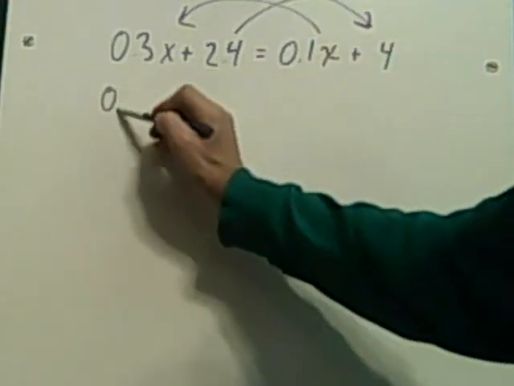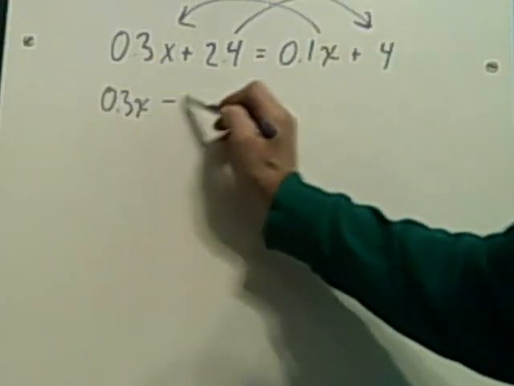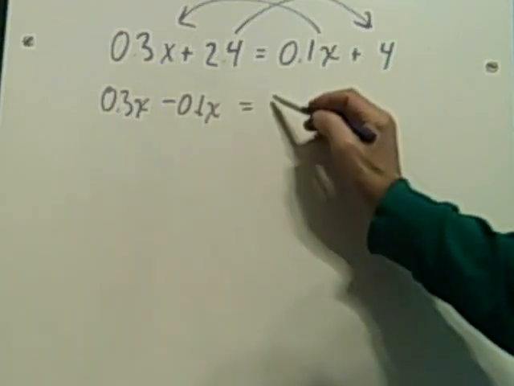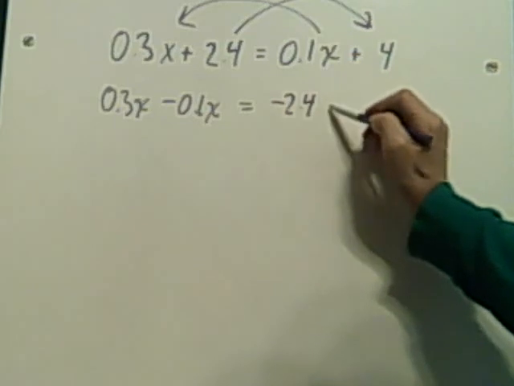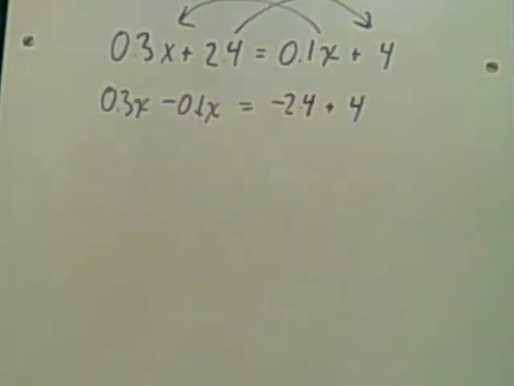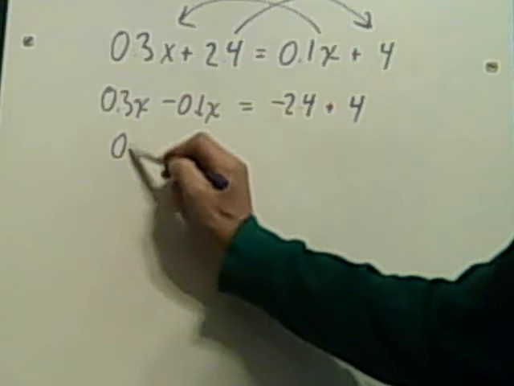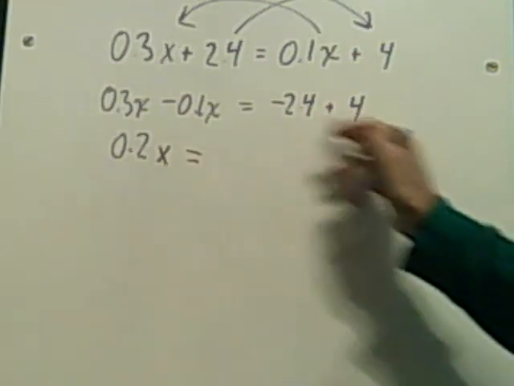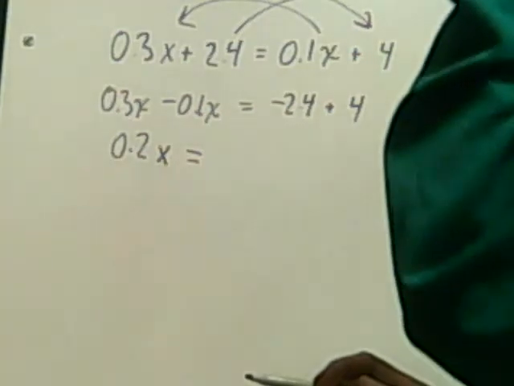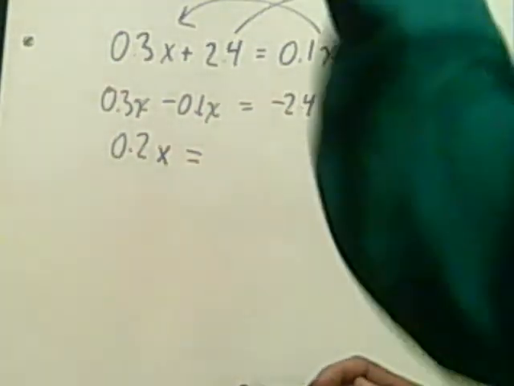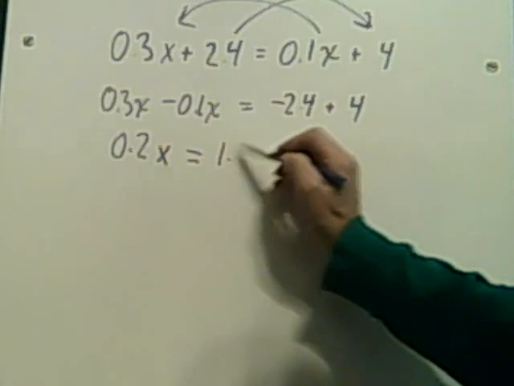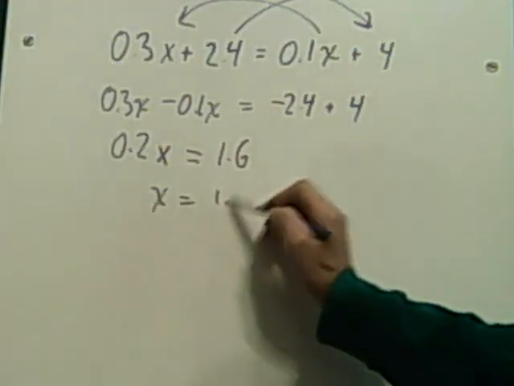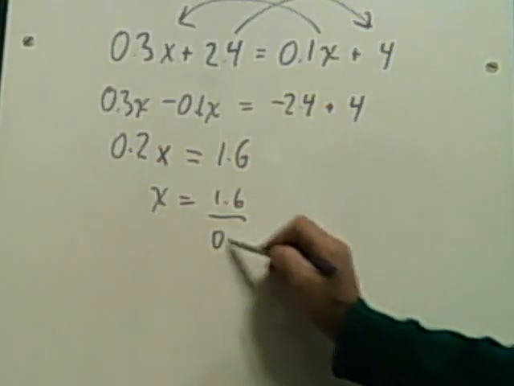So we're going to have 0.3x minus 0.1x is equal to negative 2.4 plus 4. This is going to be 0.2x on this side, and 4 take away 2.4 is going to be 1.6. So x is going to be 1.6 divided by 0.2.